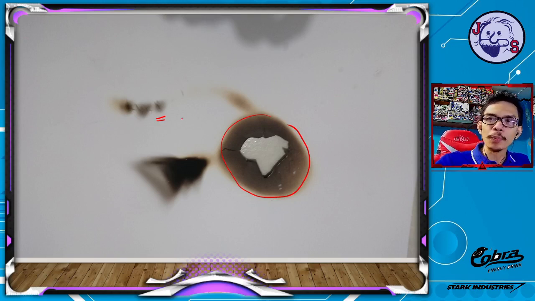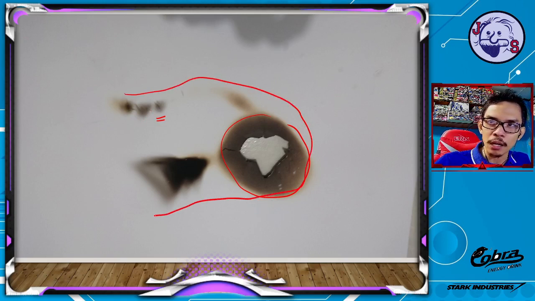Also, if you notice, the pattern that I formed in this demonstration looks like this. I started right here and ended over here. So this pattern shows us that the board paper was moved in this direction, a U shape.